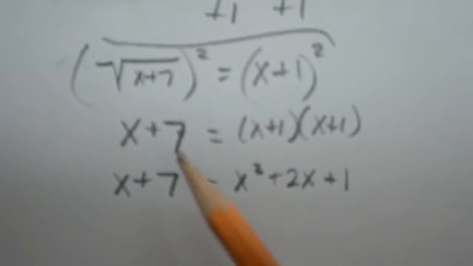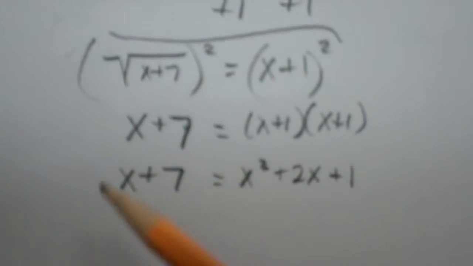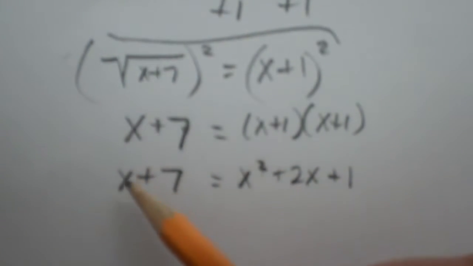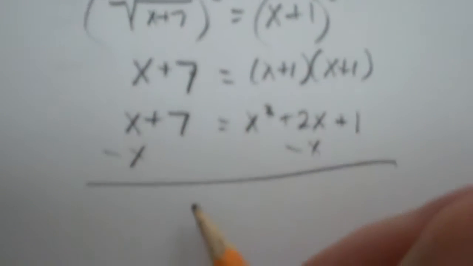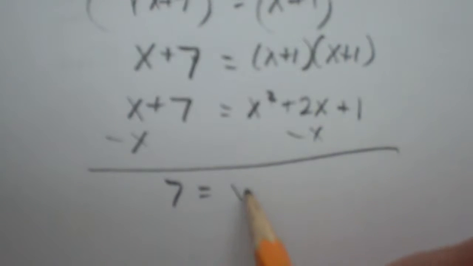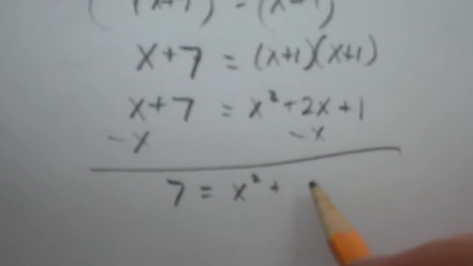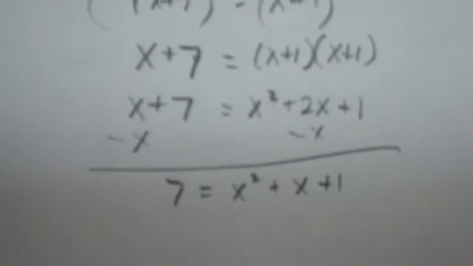So far, so good. In order to simplify this, we have to get it into a quadratic equation that's equal to 0. So I'm going to subtract x from both sides to help us get it closer to being equal to 0. So this is 7 is equal to x squared plus x plus 1, right?